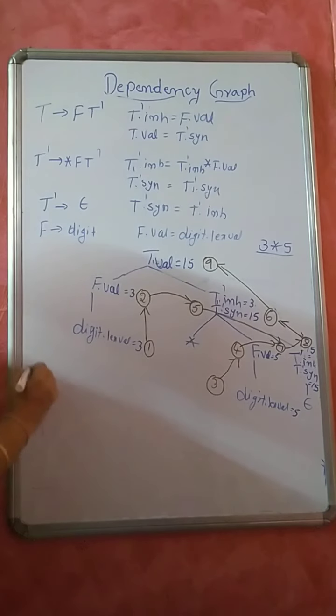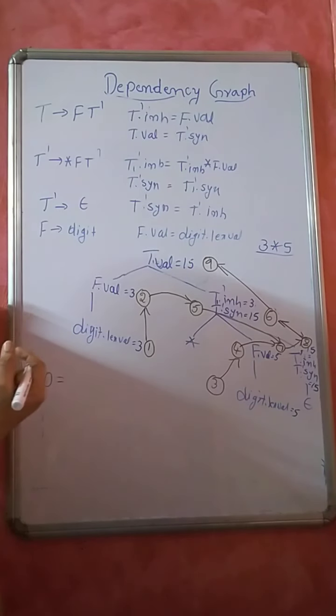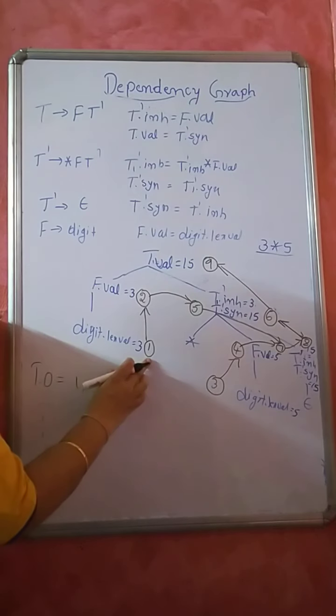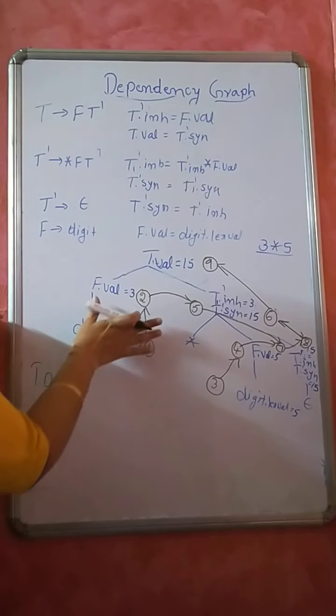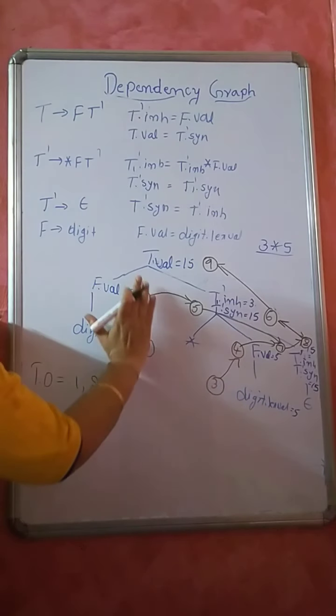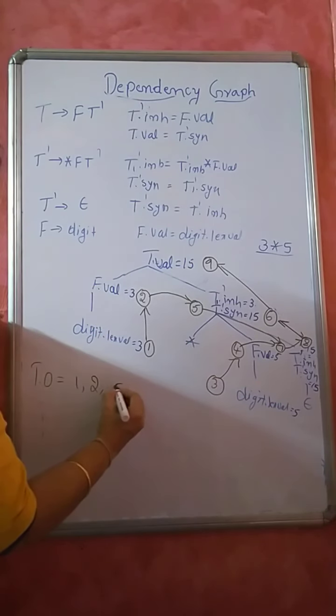Now write the topological ordering for this. So what is the topological ordering we are getting? Or the order of the evaluation of the attribute values. So whose in degree is 0? 1 I can write. When I am writing 1, remove its outgoing edges. Now 2. Now remove the outgoing edges of the 2 also. I can write 5.